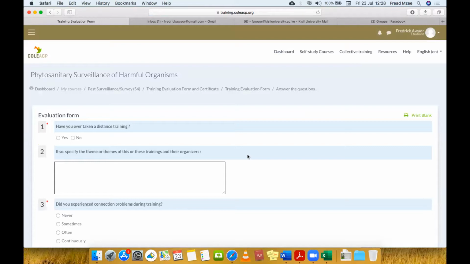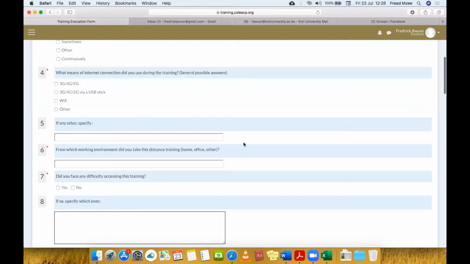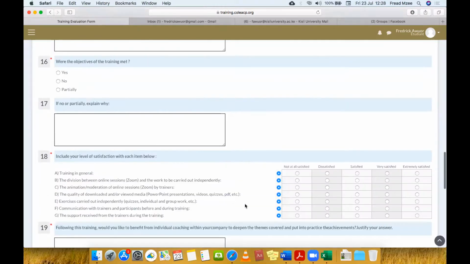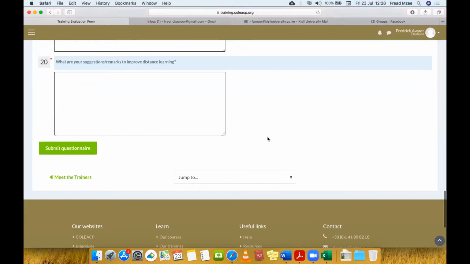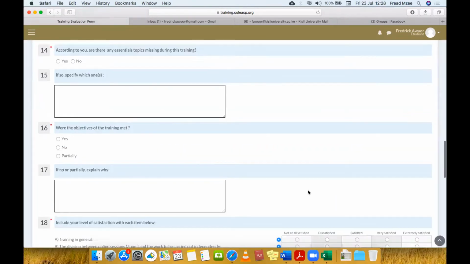It's important to hear your feedback, what you have shared with us here, so that we're able to see what to improve on, what to work on, and how to recustomize it to make sure that it's meeting all the needs of our participants. It will take you less than 5 minutes to fill, really. Just a matter of clicking stuff, okay? So kindly check this out, finish it up, and then click submit.